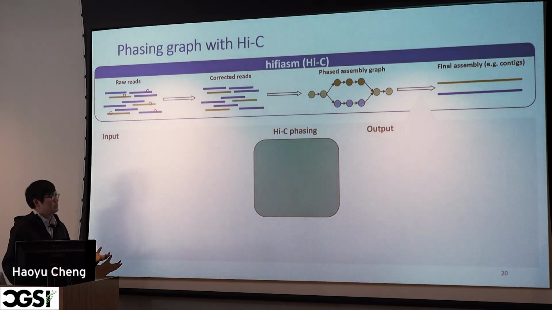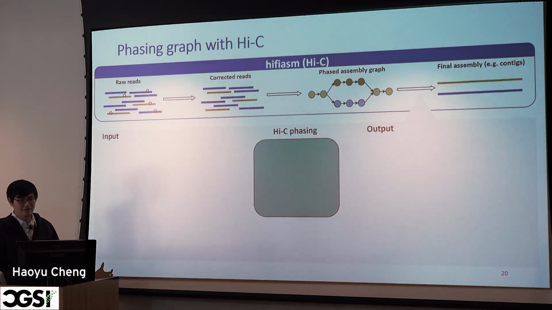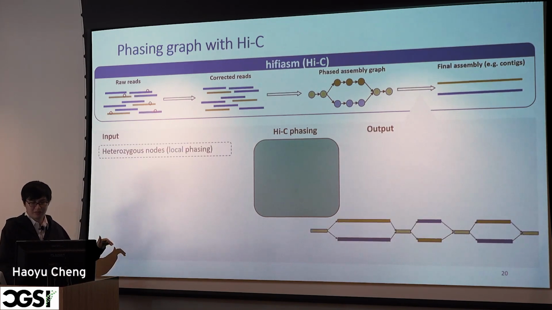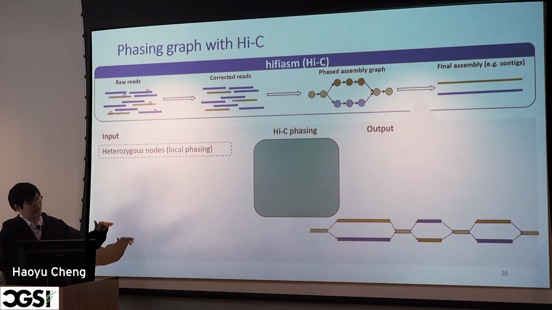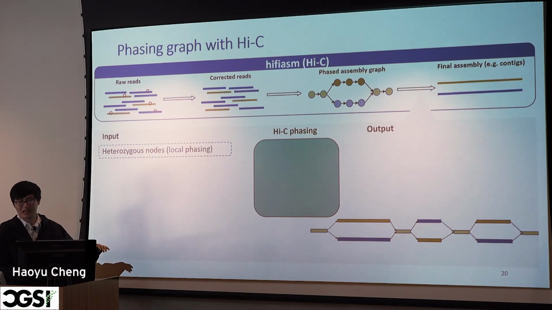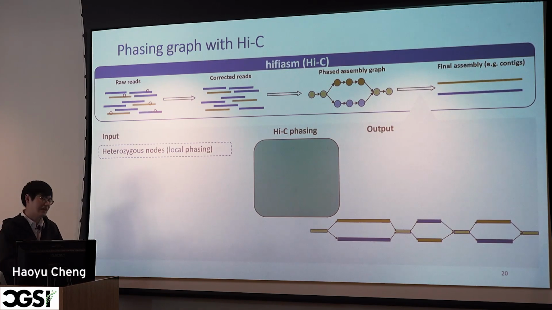Here is an overview of Hi-C phasing within the graph. We have three types of input. The first input is the heterozygous nodes. In the example at the bottom right, each side of a bubble holds heterozygous nodes, reconstructed from PacBio long reads or Oxford Nanopore reads. They capture some local phase information.